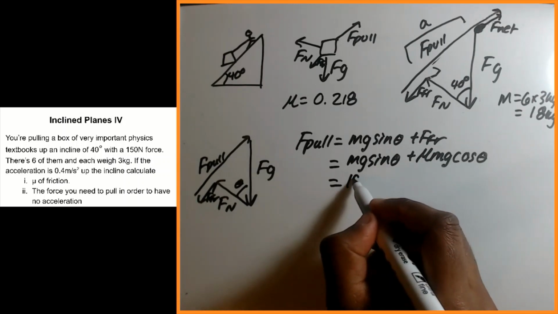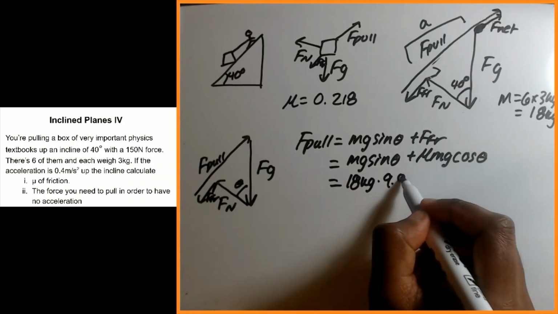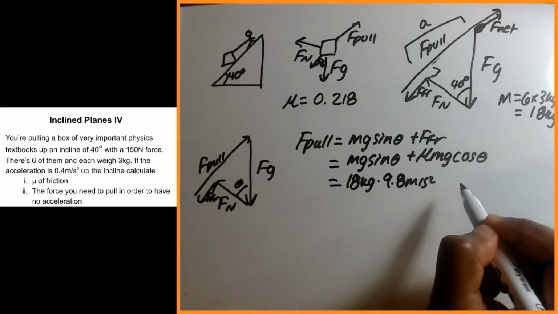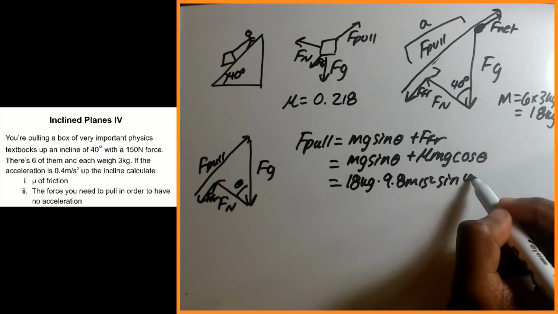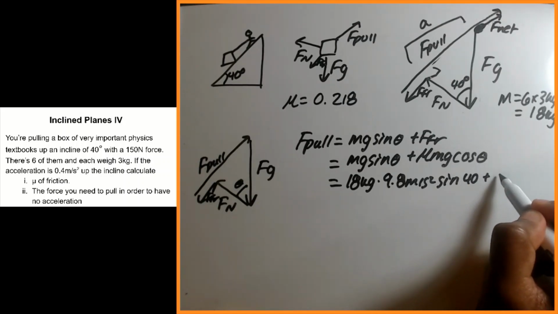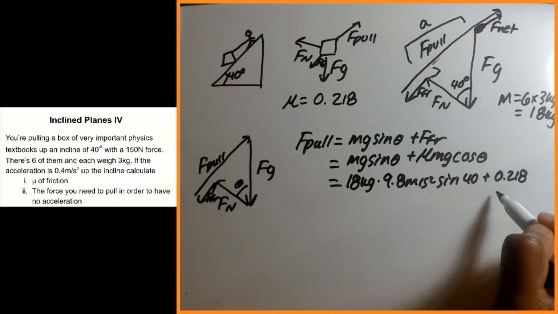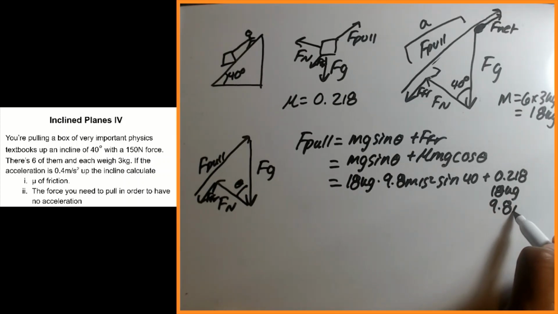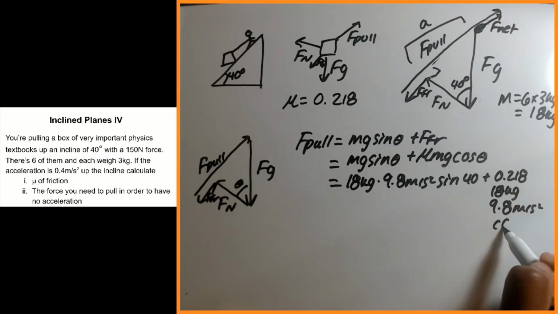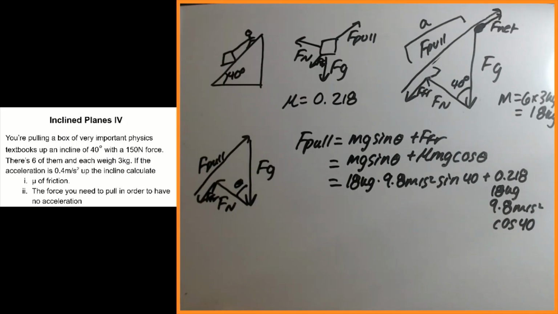So let's go ahead and just plug in these values. So you get 18 kilograms times 9.8 meters per second squared times sine, what is it, 40? Yep. And then plus 0.218 times 18 kilograms, I'm running out of room, 9.8 meters per second squared times cos 40, yeah, sorry about that.